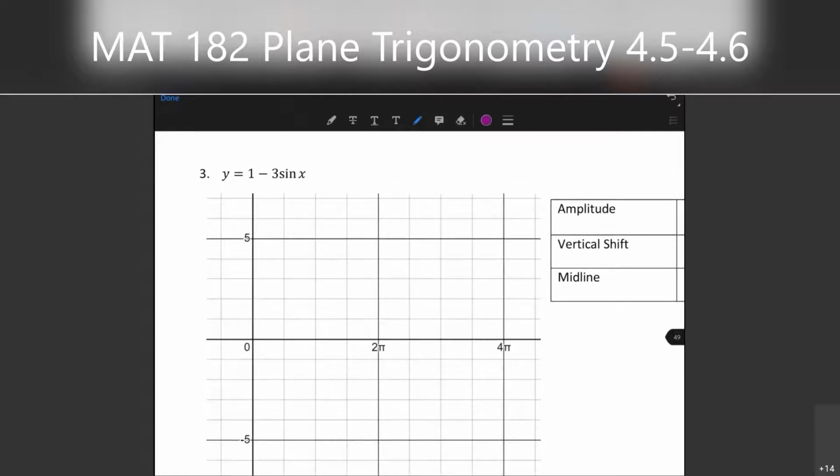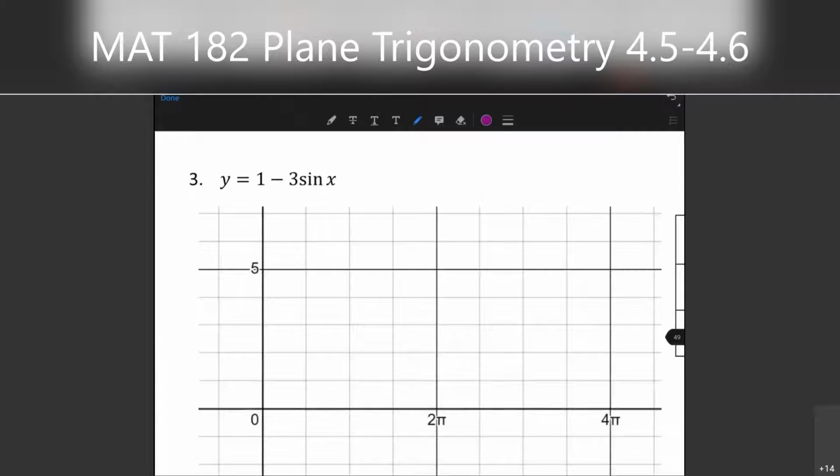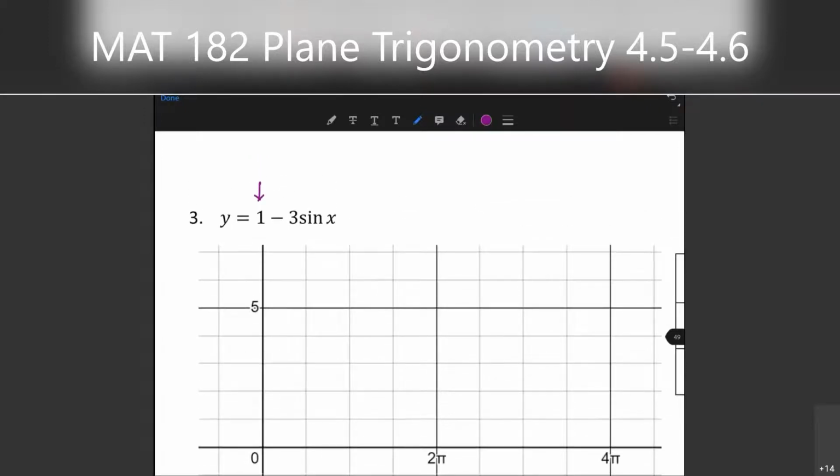One thing to remember is if we have a singular number out in front, it could be on either the front or the back half of the equation. It doesn't matter necessarily. So this is really a +1 for our midline. That's our D value. We have another A value there.